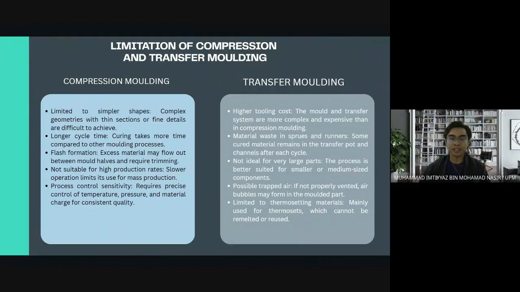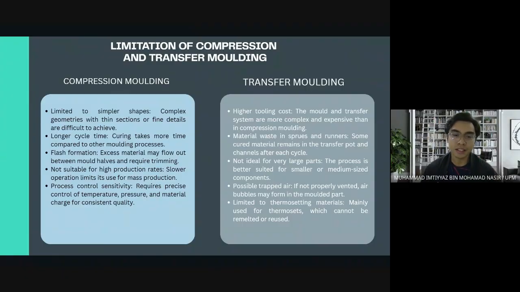The material waste in the sprue and runner is also significant because it remains in the transfer pot and channels after each cycle. It's not ideal for very large parts because the process is better suited for small or medium-sized parts.